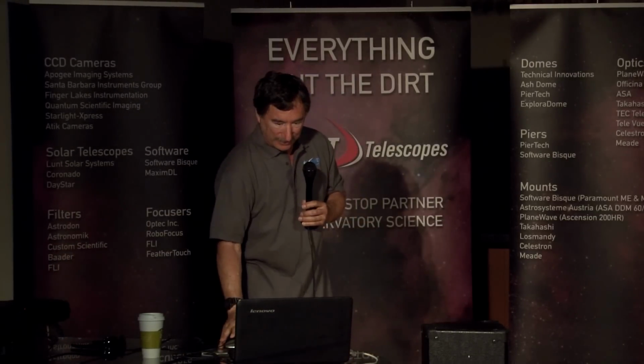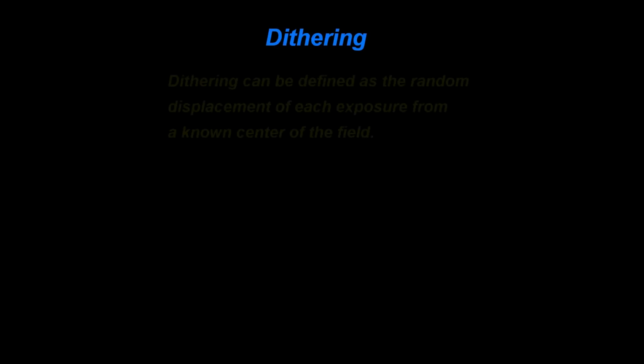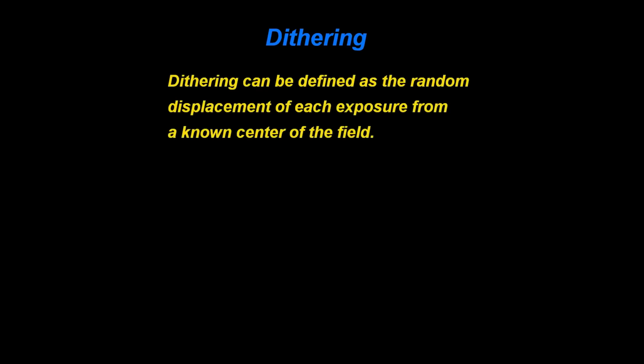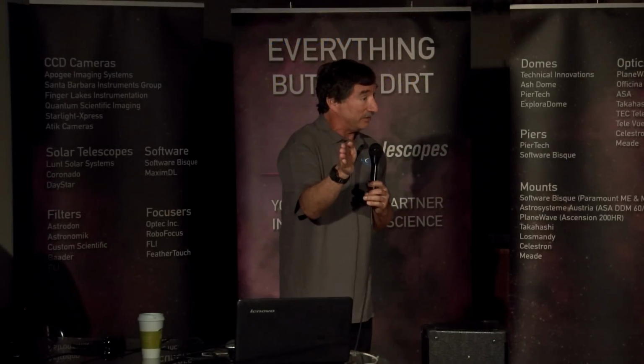Okay? And the way I did it was through dithering. Dithering is where you have a known center of your field, and then between each exposure, you move the camera about maybe 2 or 3 star diameters, up, down, left, right, in between each one. And why should we do that? The noise on your camera is constant, okay?